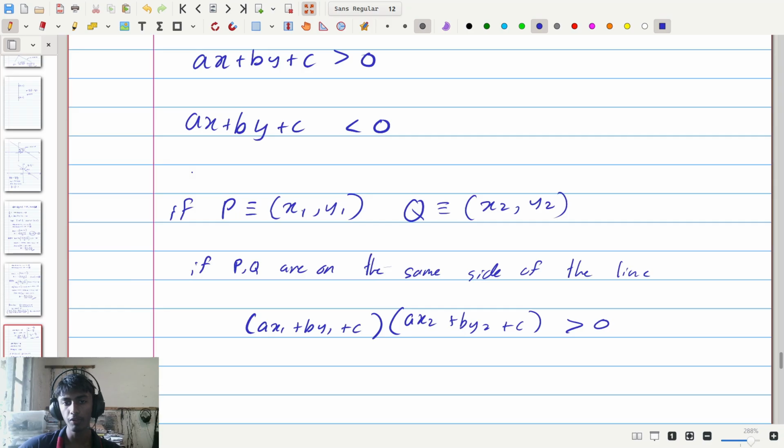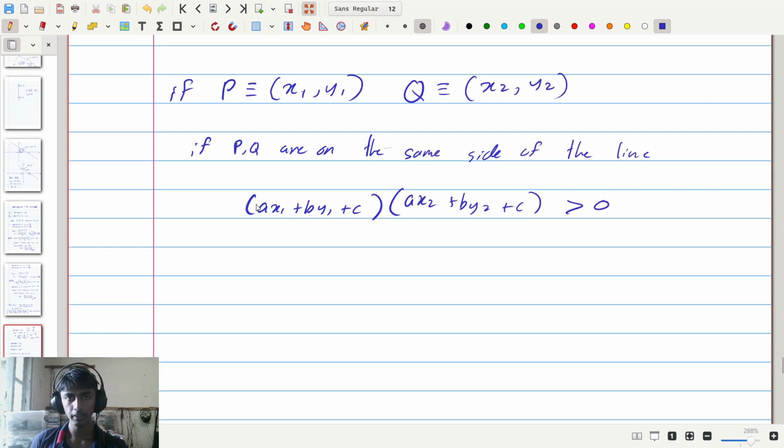As in, either both of them are positive or both of them are negative, meaning they are on the same side of the line. However, as we found above, if they are on opposite sides of the line, then one of them is going to be positive, the other is going to be negative, meaning that the overall product is going to be negative.